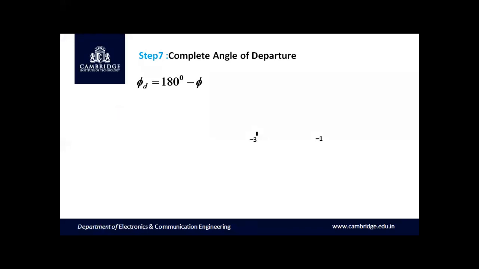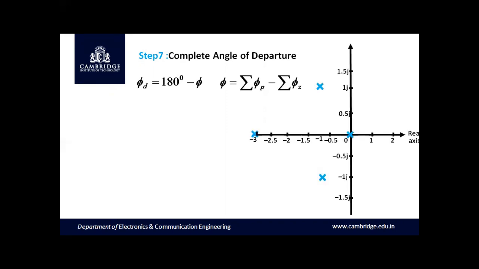The formula to calculate the angle of departure is given by phi d equal to 180 degree minus phi, where phi equal to summation of phi p, that is the angle of contribution by the rest of all the poles towards the point of interest, minus summation of phi z, that is the angle of contribution for the rest of all the zeros. We have marked the location of all the poles in the S-plane.